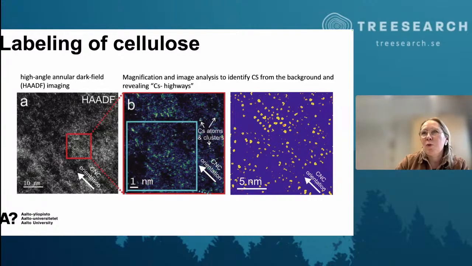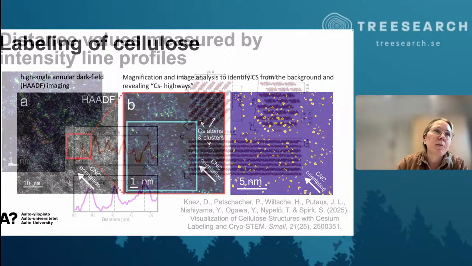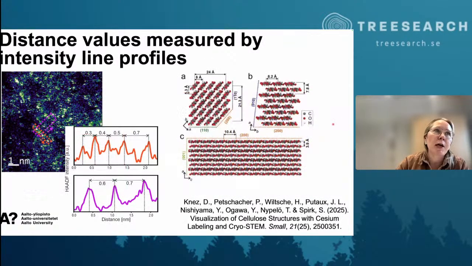Okay, what Daniel was also working on is to use these images and these locations of the cesium to calculate or observe what kind of distances between them we can observe.